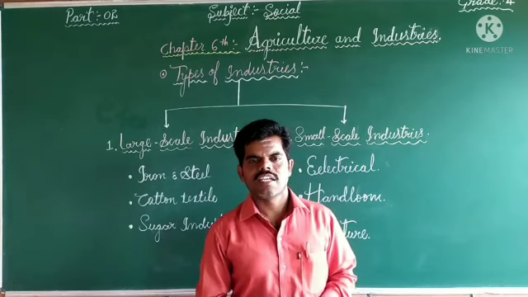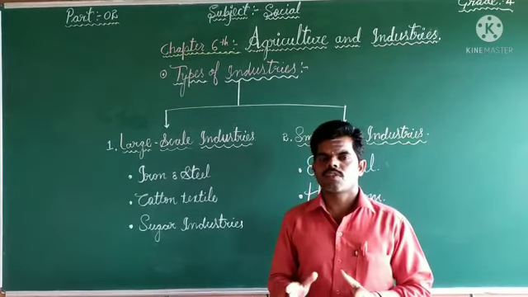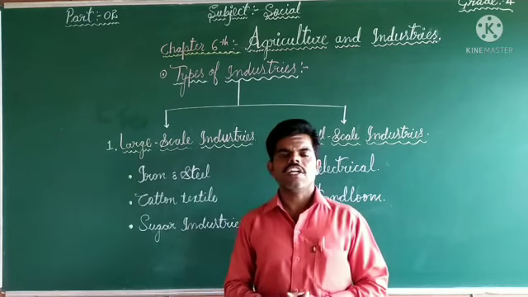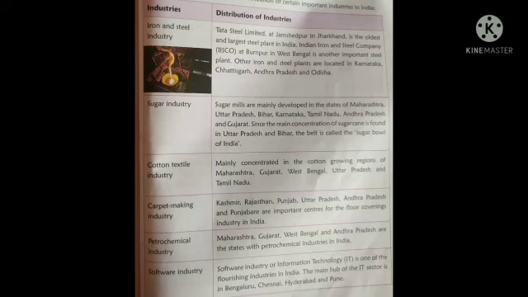Let us discuss the industries and distribution of industries in our India. Iron and steel industry. Tata Steel Limited at Jamshedpur in Jharkhand is the oldest and largest steel plant in India. Indian Iron and Steel Company, IISCO, at Bharatpur in West Bengal is another important steel plant.